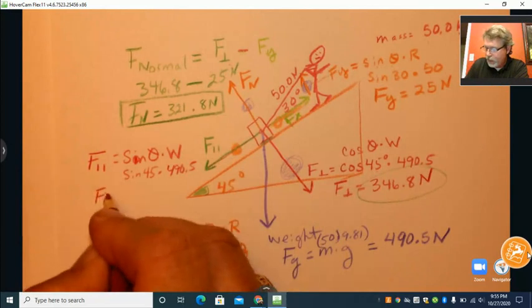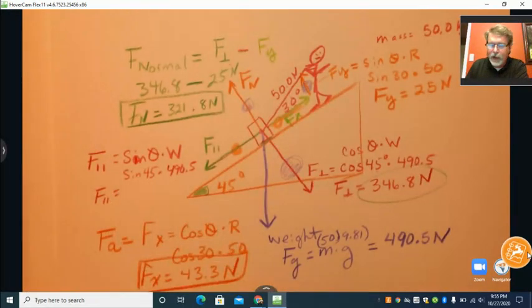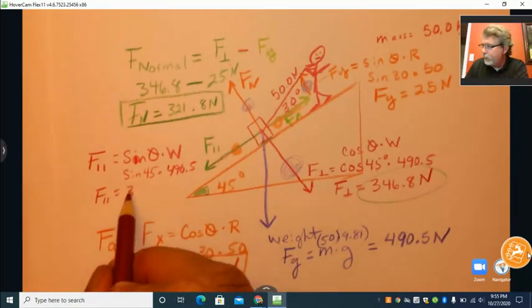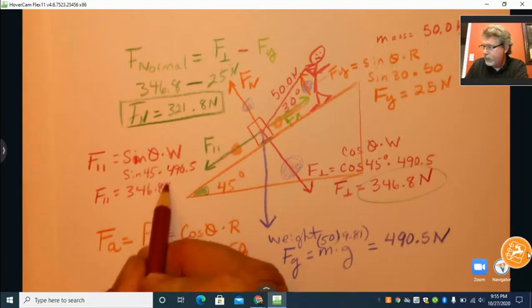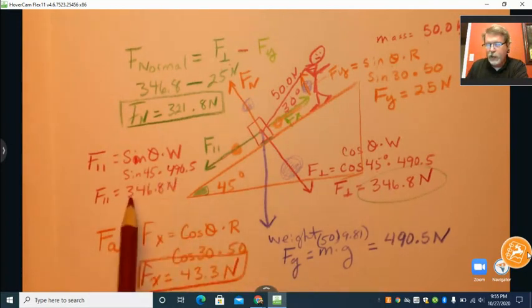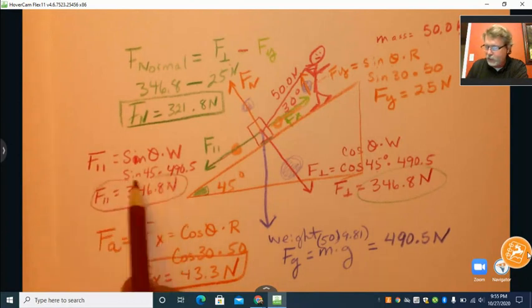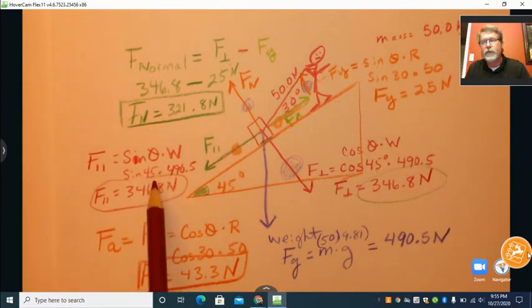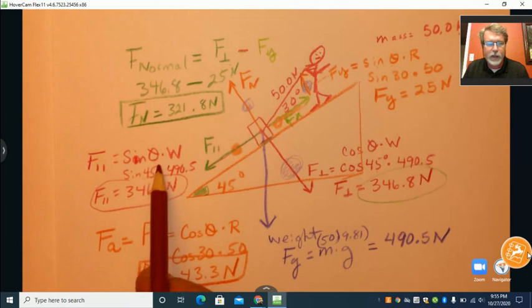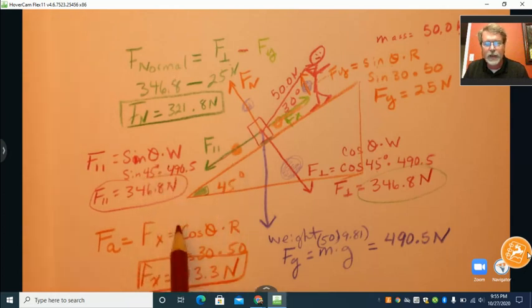So force parallel, sine of 45 times 490, is going to be 346.8. Now we did get the same number for these, and that's just because we gave you a 45. If you remind yourself, a 45-degree triangle has equal legs, so we should expect those to be equal, but that's not normally the case.